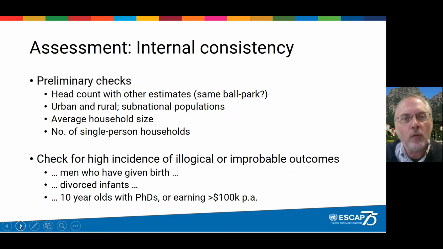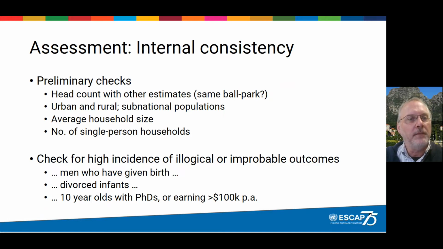When one wants to investigate the internal consistency of some data, there are some preliminary checks which one does on an external basis first. You ask yourself, is the overall count consistent with other estimates in the same ballpark? Are the urban and rural or subnational populations broadly consistent with what you would have expected?